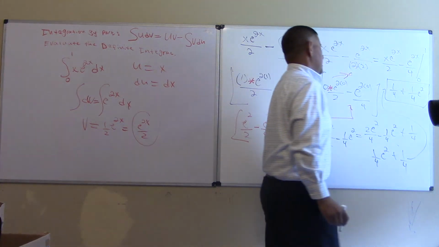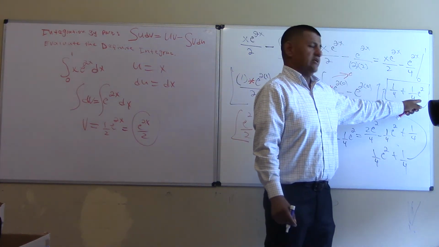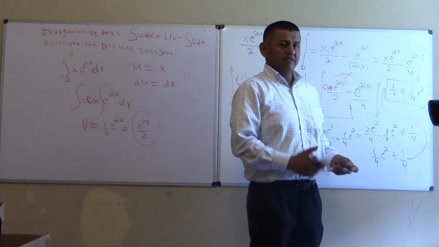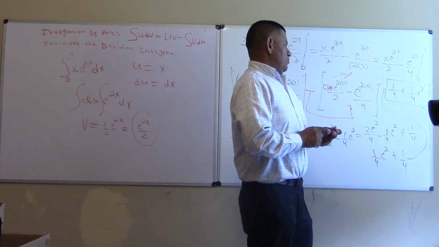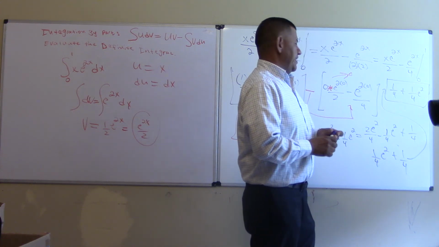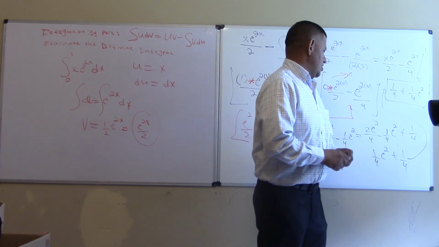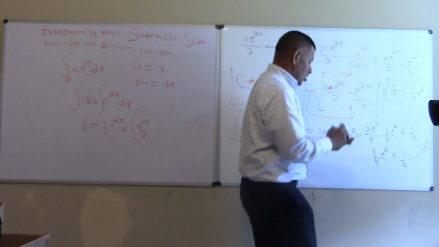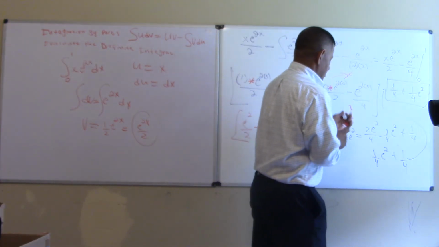And that is the answer. If you plug this into the calculator, because you have an e, you will get a number. e is approximately 2.71, and it's a big decimal. That is the answer, and this will also be an answer.